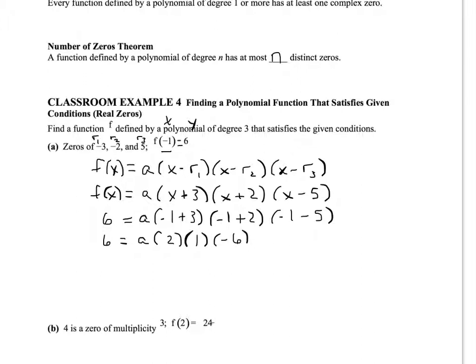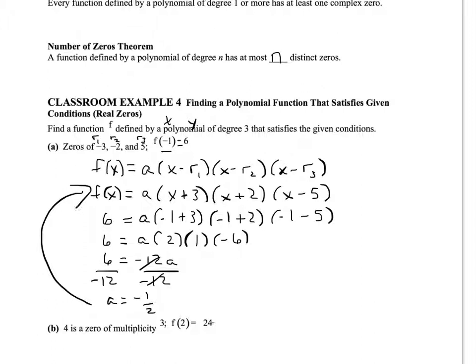Well, multiplying all of that together gives me a value of -12 times A. And to solve for A, I would divide each side by -12, and I get the fraction A equals -1/2 when that reduces down.